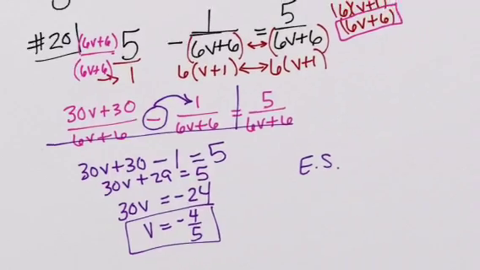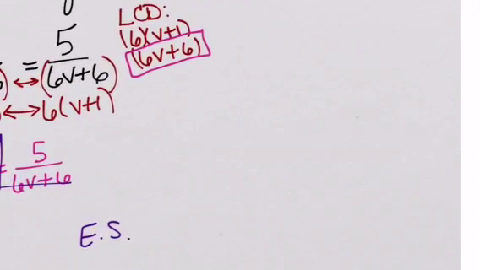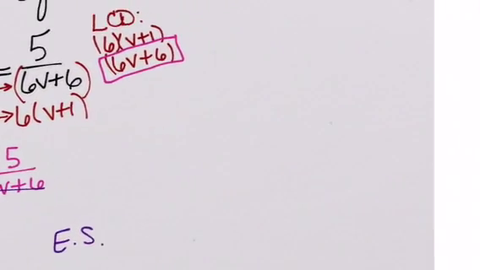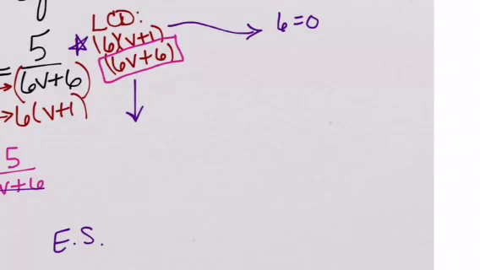So let me slide back up here to the least common denominator for a second, and let's focus on that. I have two different options. I can work with the factored form, or I can work with the multiplied out distributed form. Normally it's easier to do this form, but I want to show you both ways so that you can see what I do. When I do the factored form, I set 6 equal to 0 and v plus 1 equal to 0.